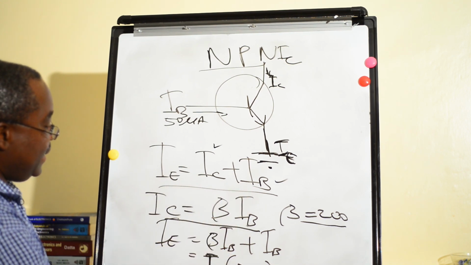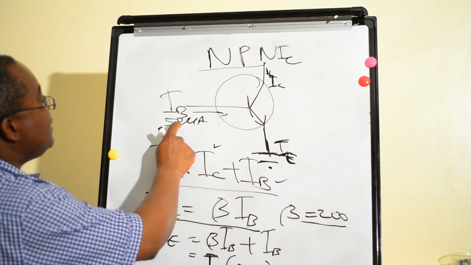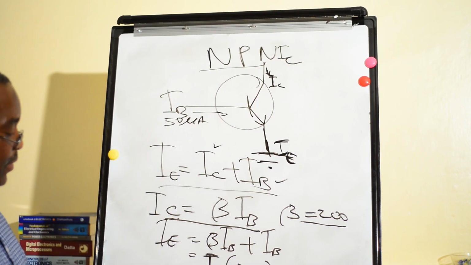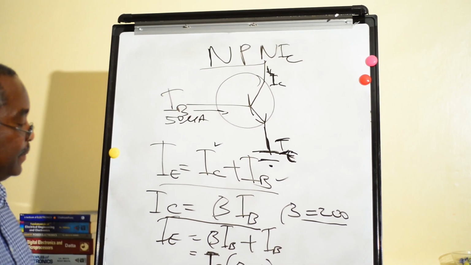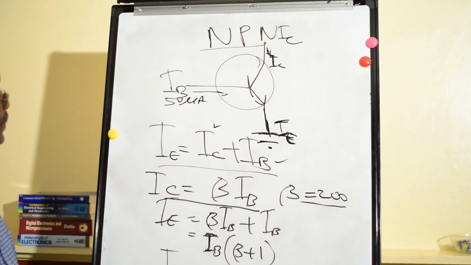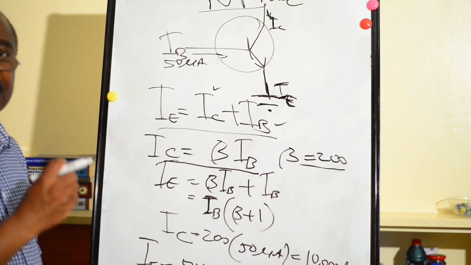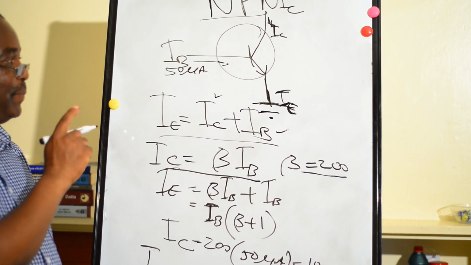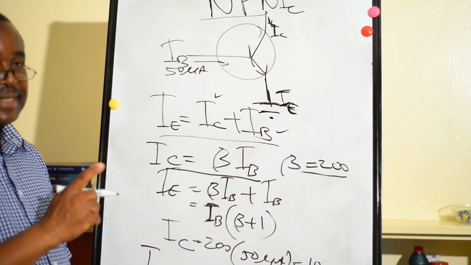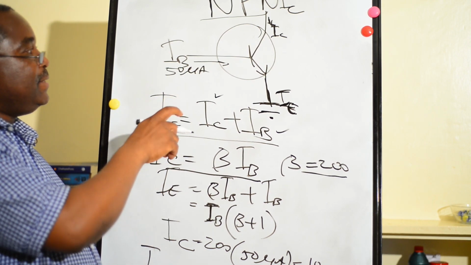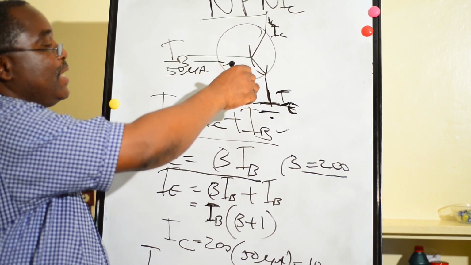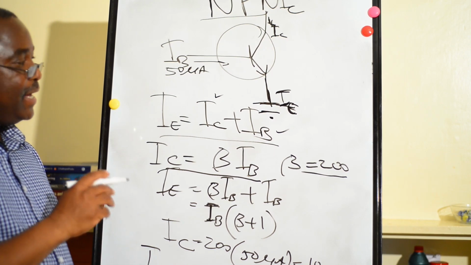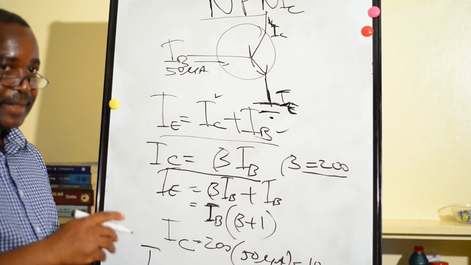We have our IB, 50 microampere, then we have our value. So this is a relationship between IC current, IB current, and IE current in an NPN transistor. And mind that in NPN the arrow is going outward, so that it's an NPN transistor.